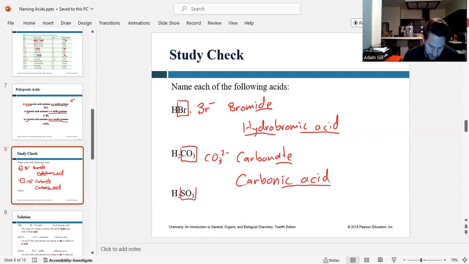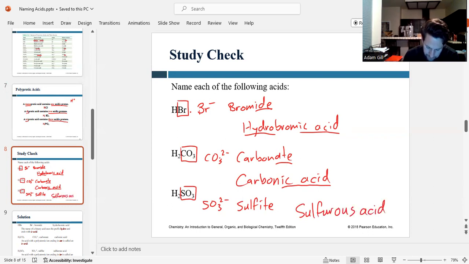And this last one here, the anion is SO3 2 minus, and this is named sulfite. And so the acid would be sulfurous acid. So the ITE turns into OUS acid.